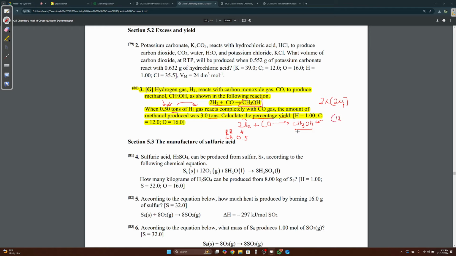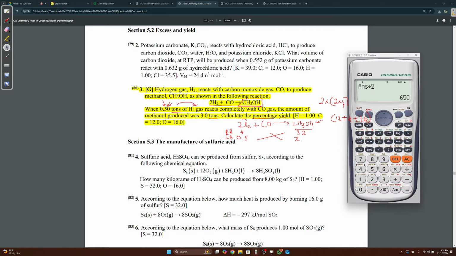C is 12. You have 4 hydrogen, so be careful. Plus 4 plus oxygen, which is 16. This is going to be 32. So here it's going to be 32, and here we're going to put X. Cross multiply. Let's see how much the theoretical yield is. 0.5 times 32 divided by 4. You get 4. So X is 4, so the theoretical yield is 4. But how much do we have? 3.